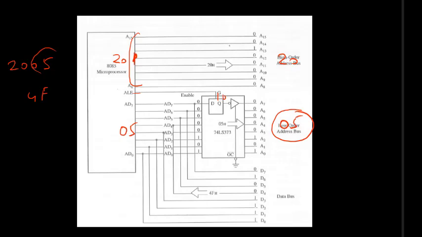This address has been latched, so it will remain on this address bus until the arrival of the next ALE. And in the second clock pulse, we give the read operation, and the data from the memory comes and goes inside the microprocessor. Now it won't go back because this ALE signal is low, so nothing will go out.